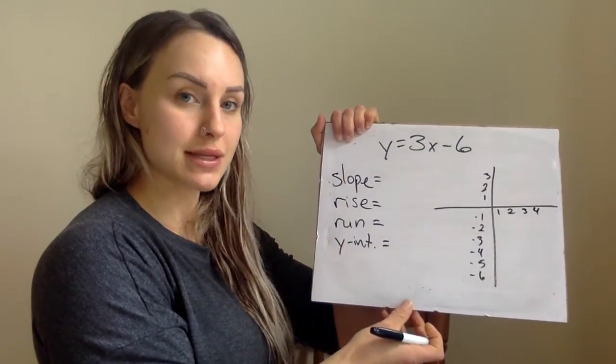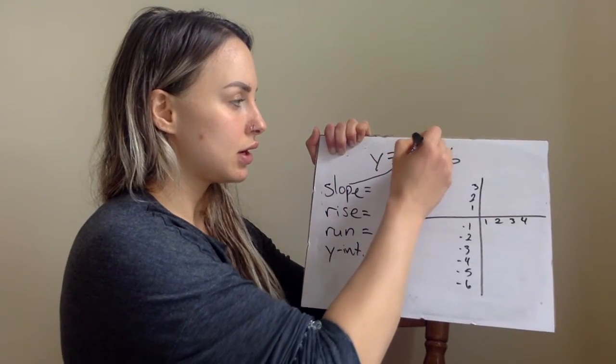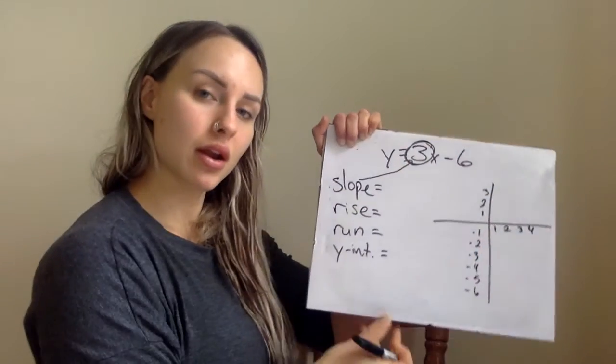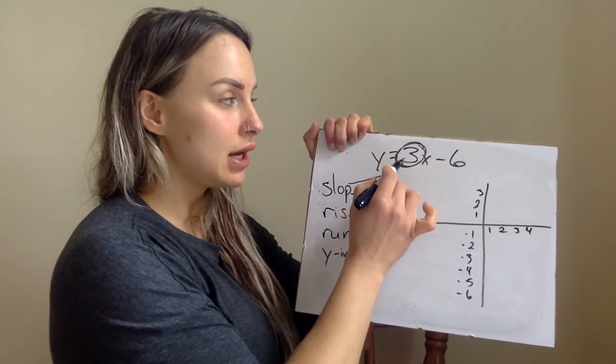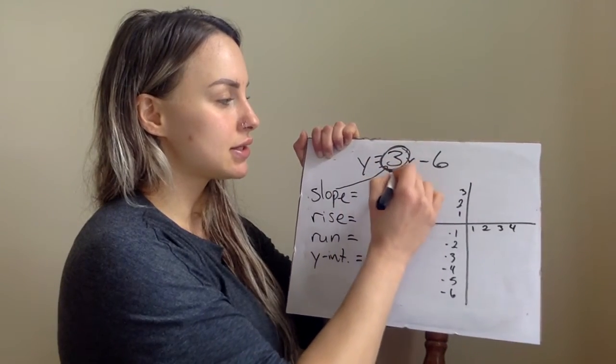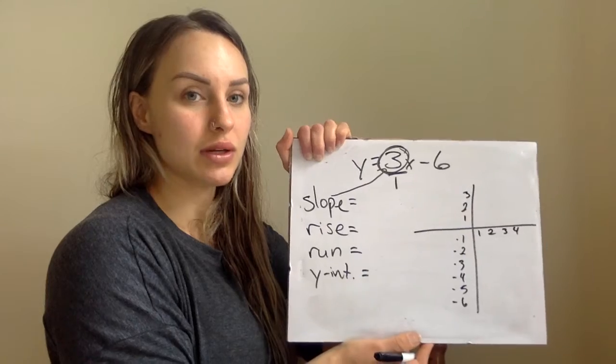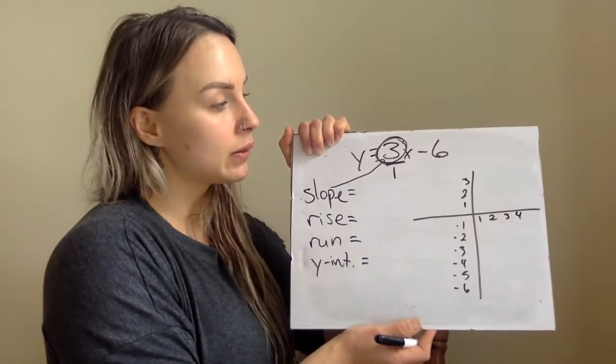So what we learned from last time is our slope is this value here. And when you see a whole number like that, this also means that it's 3 over 1. So if you need to write that when you see the equation, you're more than welcome to.